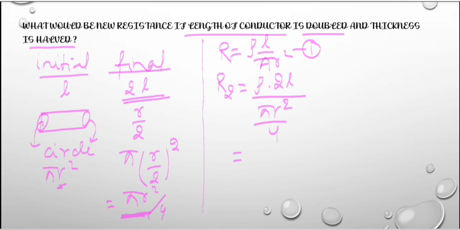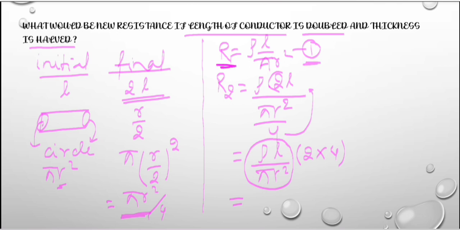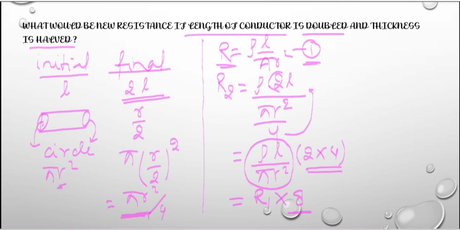Students, this can be written as rho into L upon pi r square, this 2 let us write separately, and this 4 goes up over here. Now students, we can write this rho L upon pi r square, from equation 1, as R1. So this is R1, 2 into 4 is equal to 8. So the new resistance is 8 times the initial resistance. Okay, so that's it with the video students. Thank you very much.